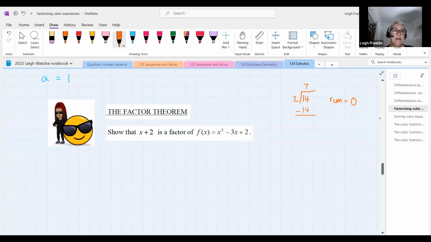So if a linear polynomial is a factor of a cubic polynomial, the remainder is going to be equal to 0. So when they ask us to show that x plus 2 is a factor of f of x, we want to sub -2 into f of x in place of x, and we're expecting to get 0 as an answer. Does that make sense to everybody?